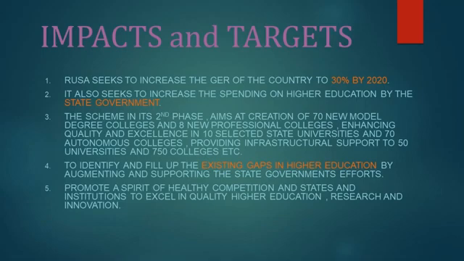Promote a spirit of healthy competition in the state and the institutions. So unless and until there is healthy competition between the states and the institutions, quality cannot be improved. To excel in quality higher education, research and innovation.